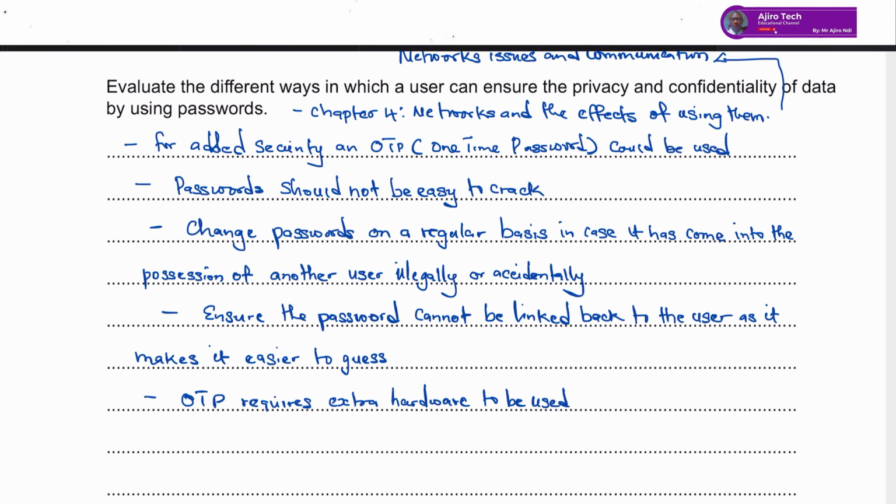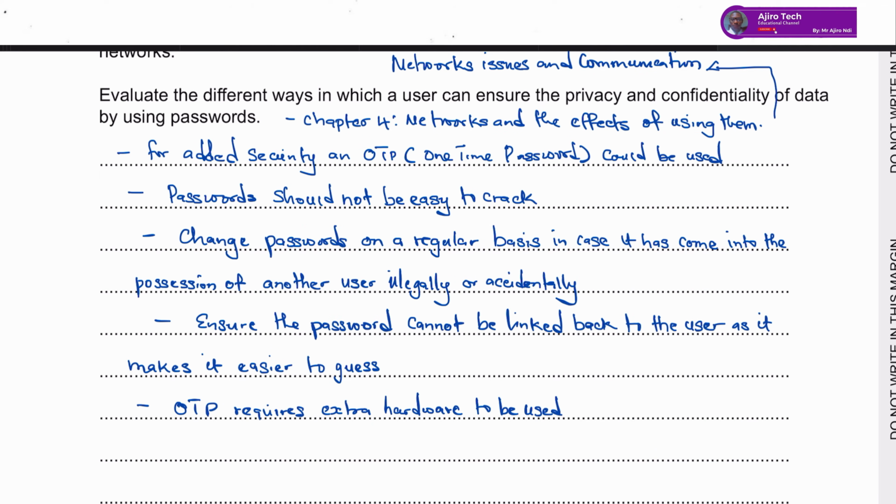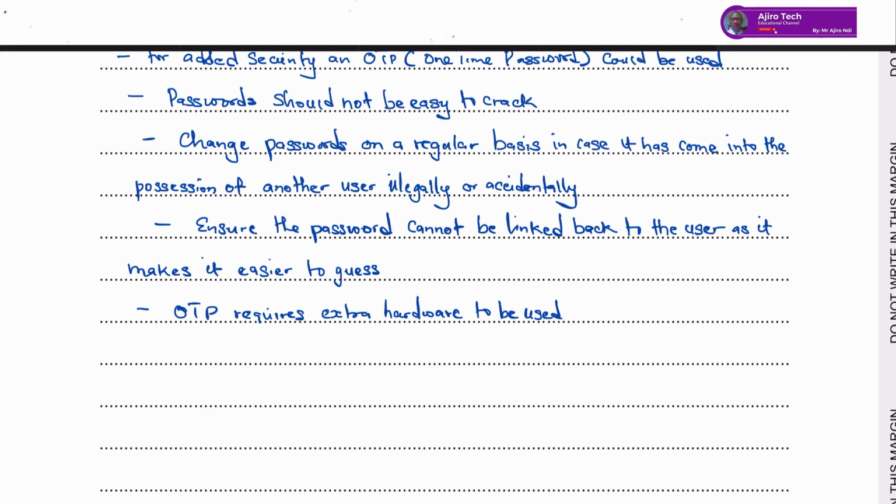Evaluate the different ways in which a user can ensure privacy. So we have one, two, three, we have five. Okay, let's look at this. So you can bring in biometric passwords, right? Biometric is very hard to forge.